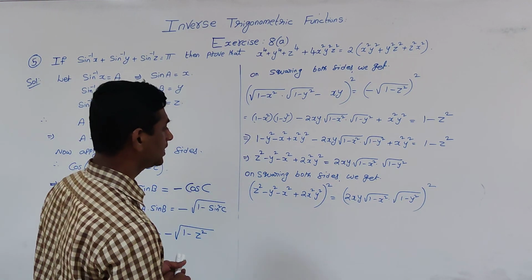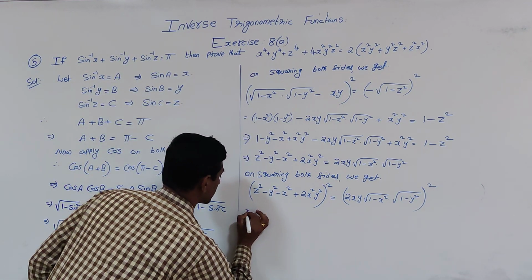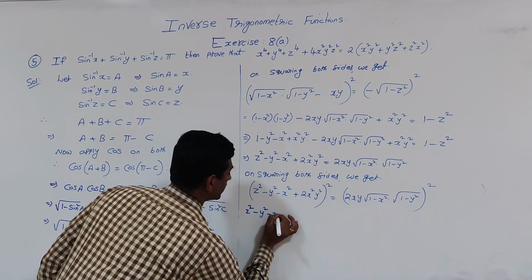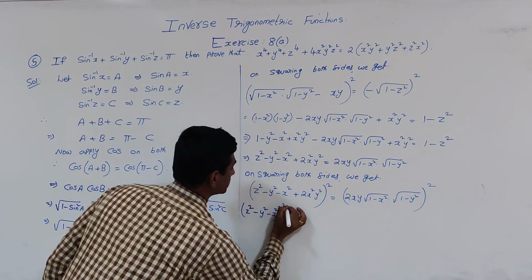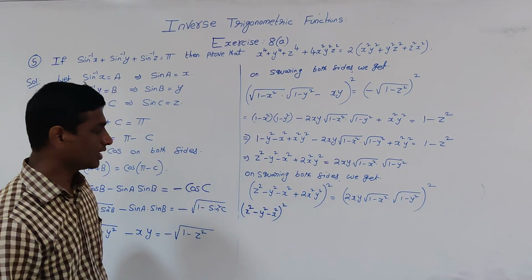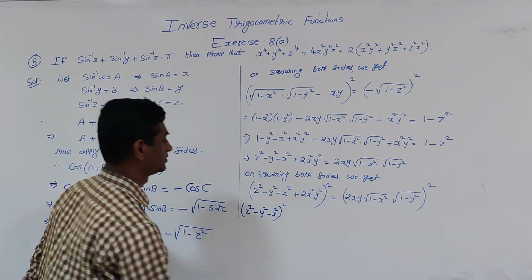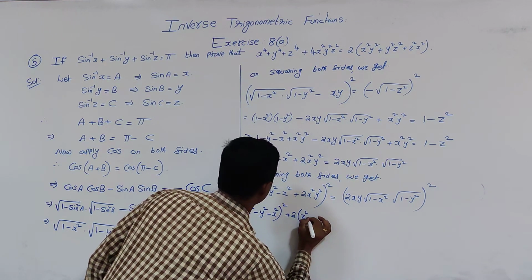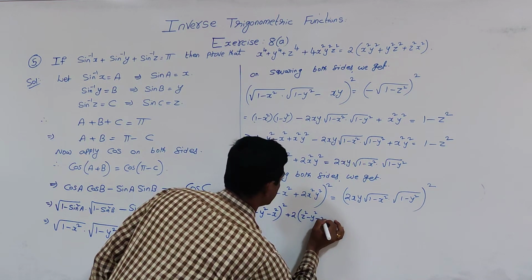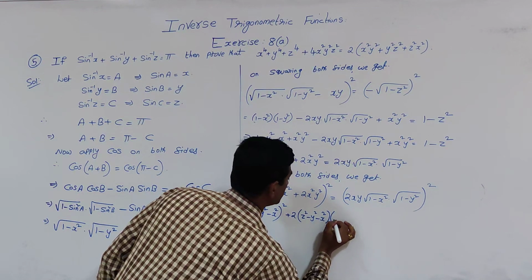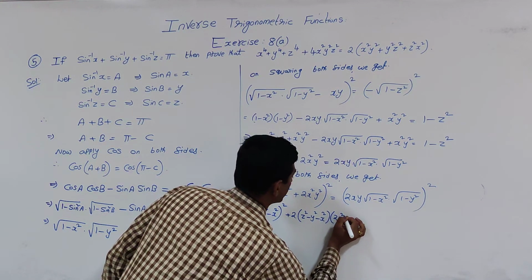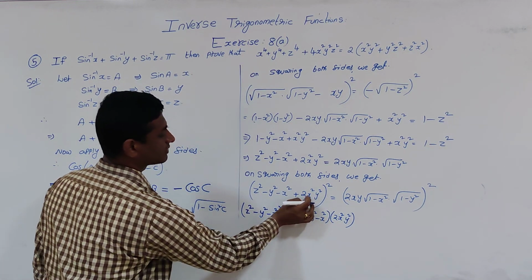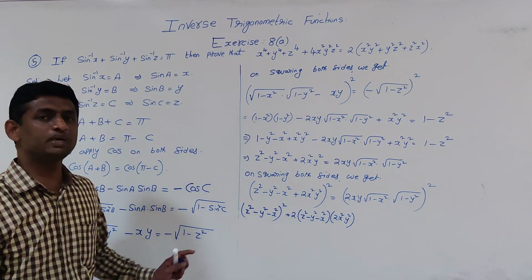So if I rewrite, this will be (z² − y² − x²) whole square, because this is a, plus 2ab, 2 times (z² − y² − x²) into 2x²y², because we have considered 2x²y² as b.